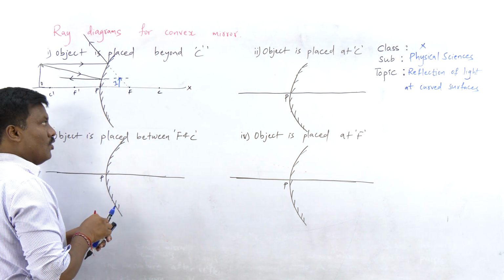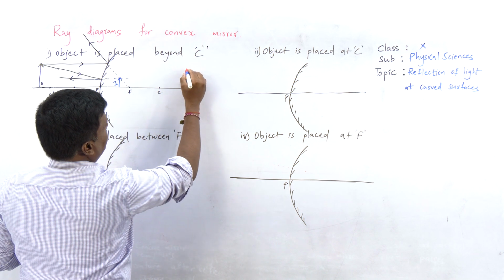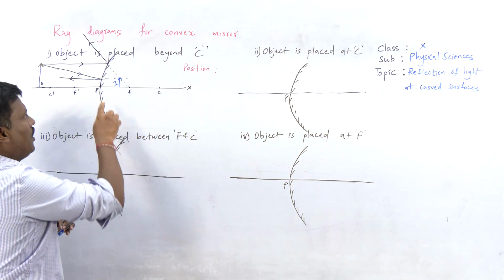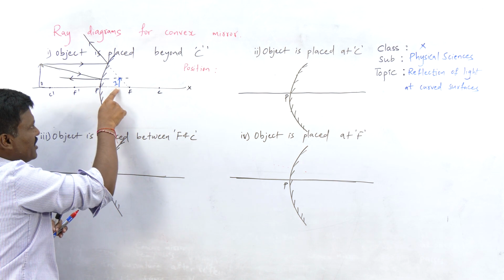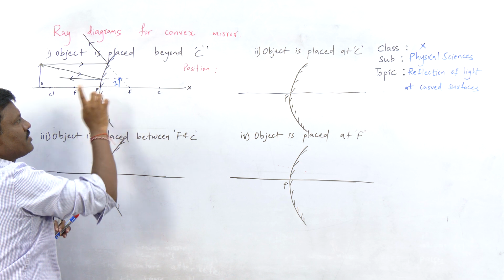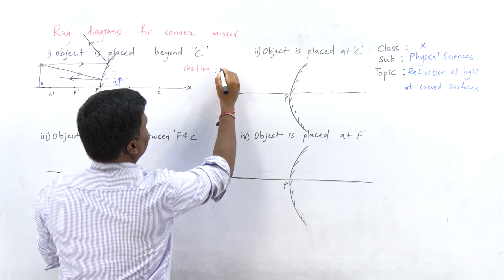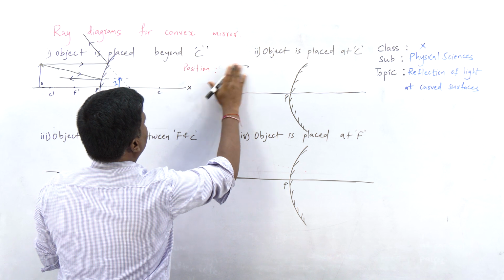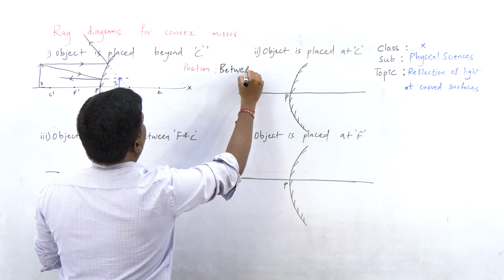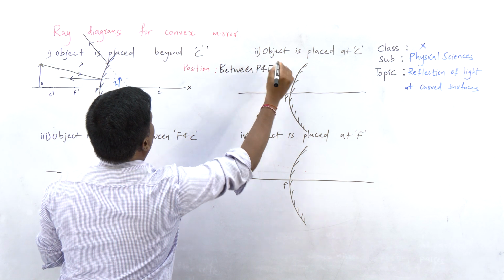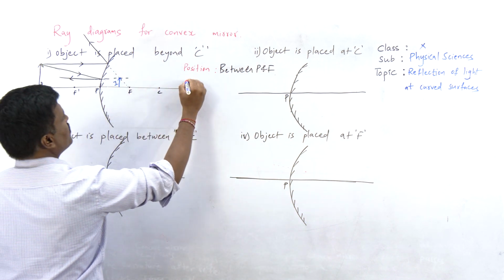Now, what is the position of this image? Object is placed beyond C, then image is formed between pole and focus. So between P and F the image is formed. And what is the nature of this image?